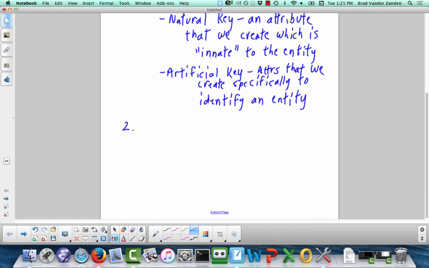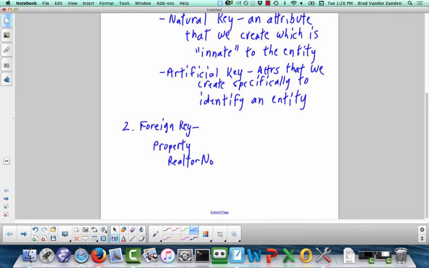We have a second kind of key that's called a foreign key. It is used as a pointer to allow us to get information about another entity. So for example, I said that one of the attributes for a property might be a realtor number.